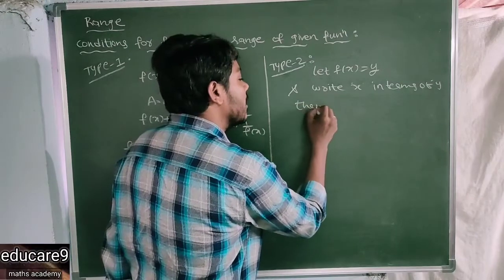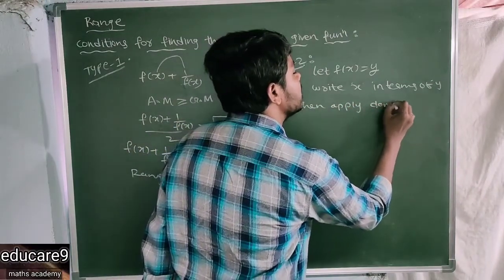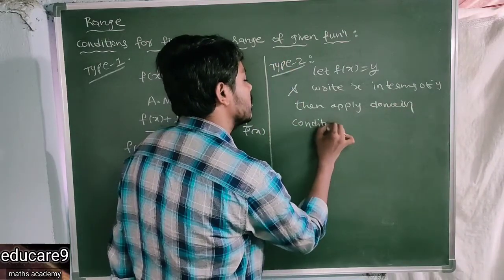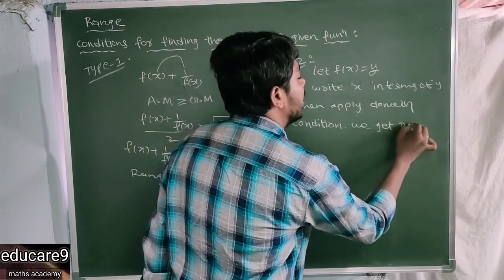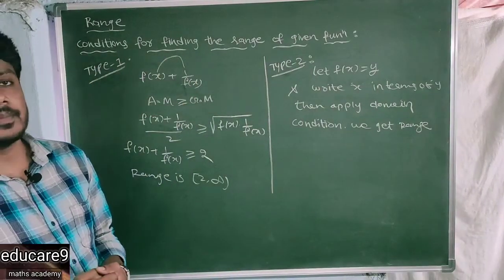Then apply domain conditions. You get the range. So this is type 2.